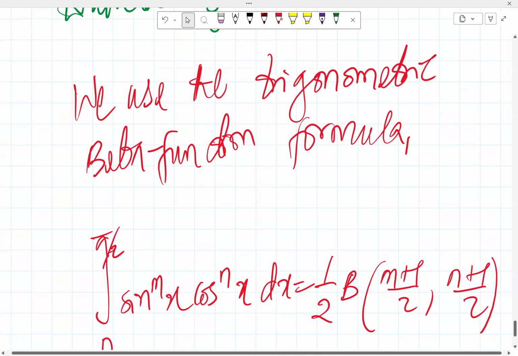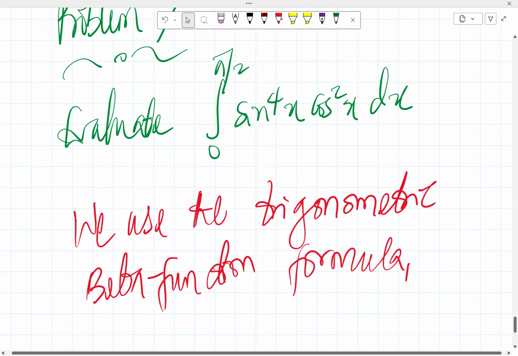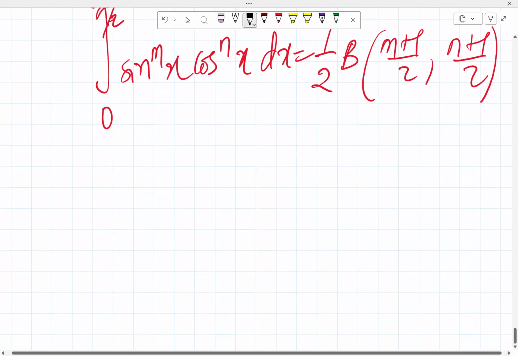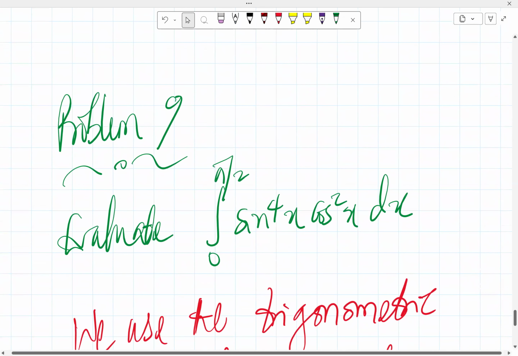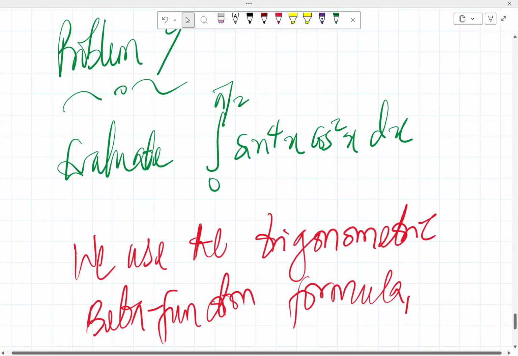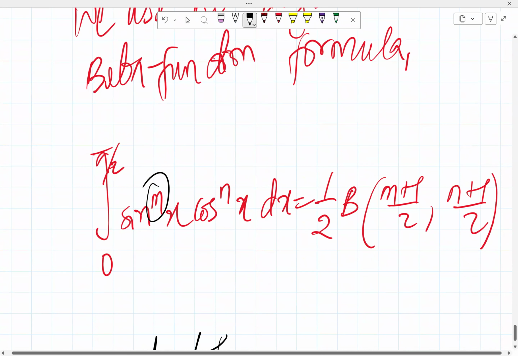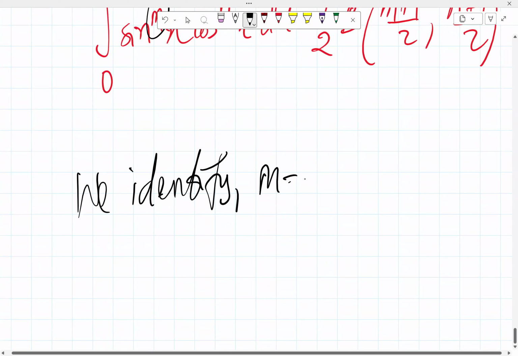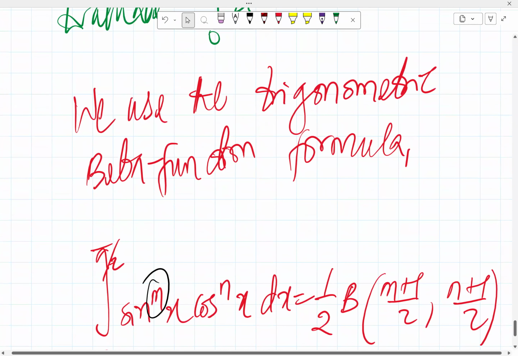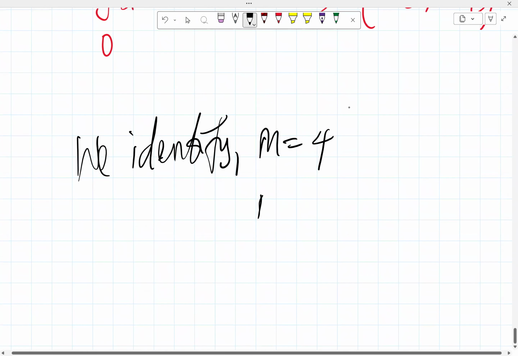Here the comparison is even more direct: 0 to pi over 2, 0 to pi over 2, and dx is dx. The power of sine is m, and the power of sine here is 4, so m is equal to 4. The power of cos is n, and the power of cos here is 2. That means m is 4 and n is 2.